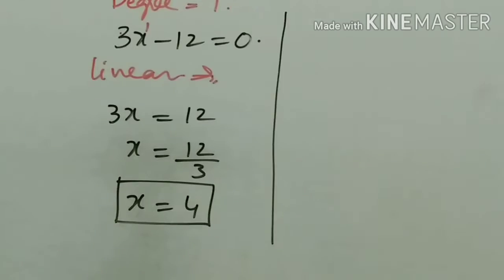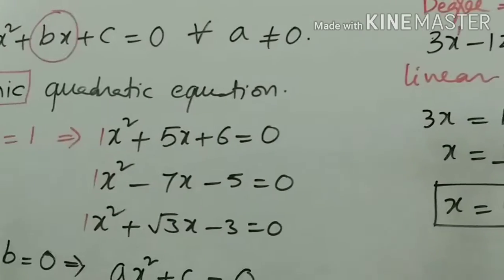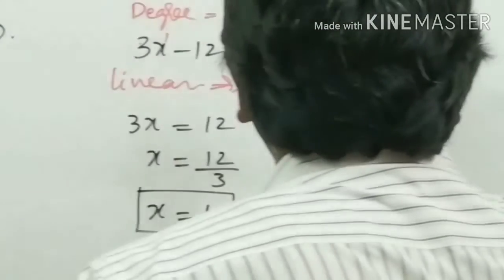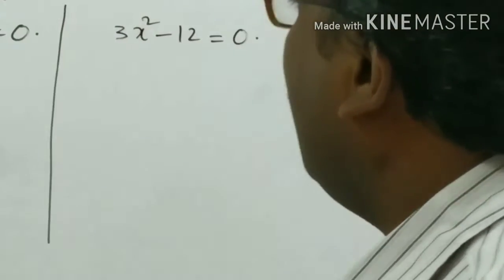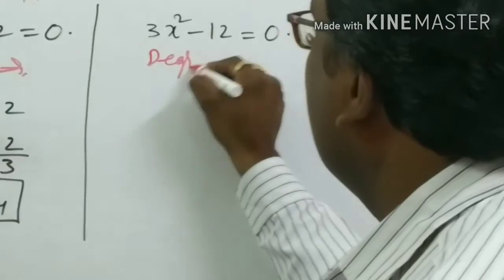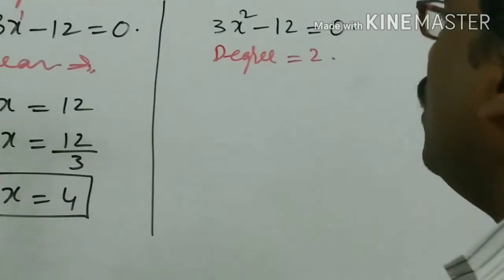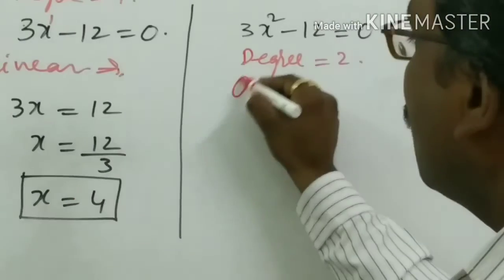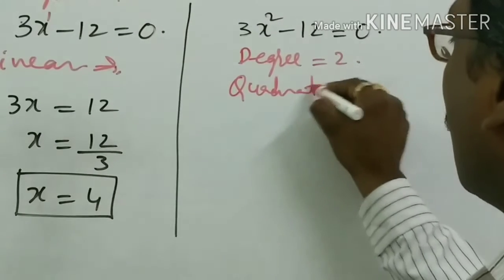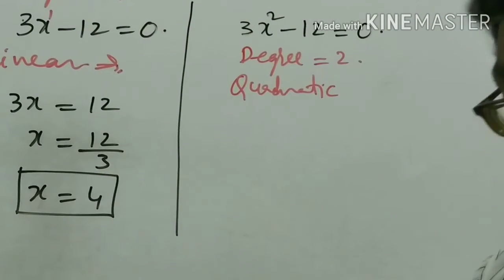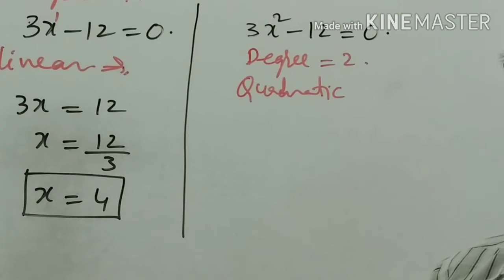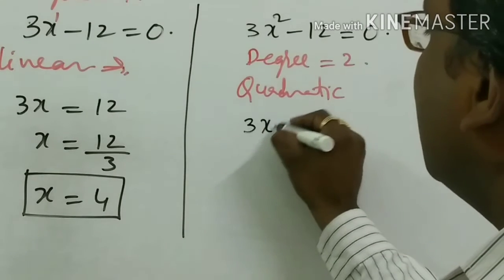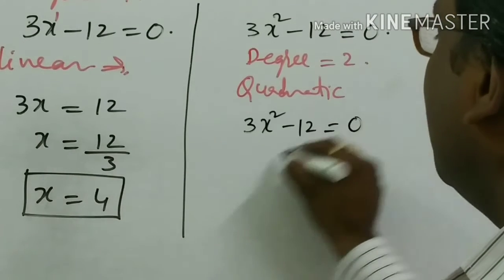Now suppose I give an example like 3x square minus 12 equal to 0. What is the degree here? Degree is 2. Then what is its form? It is quadratic form. Then how many zeros will exist? How to solve 3x square minus 12 equal to 0?